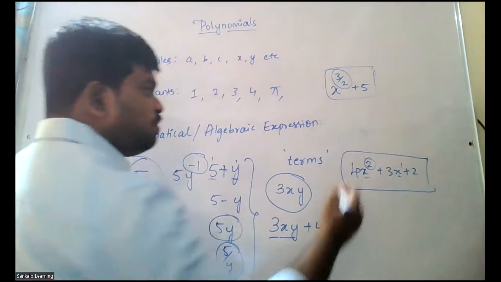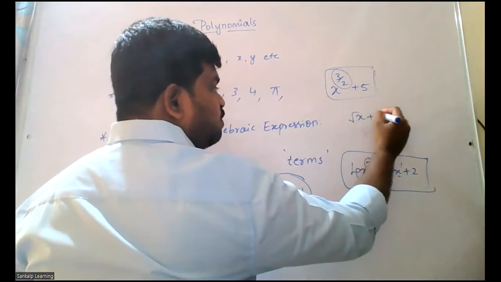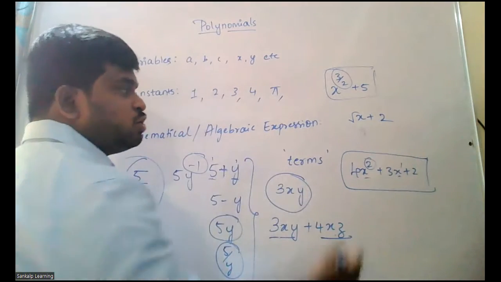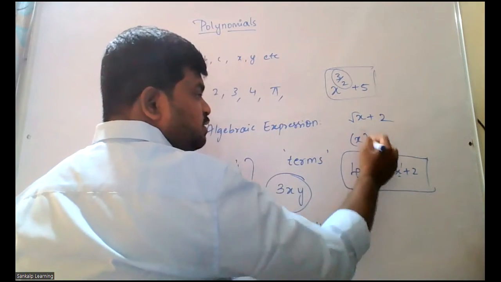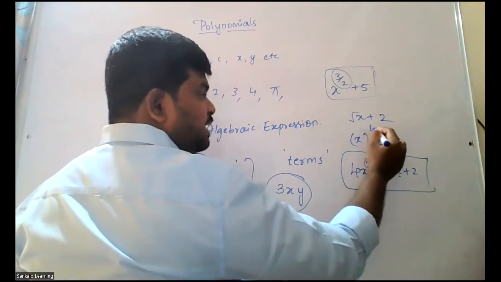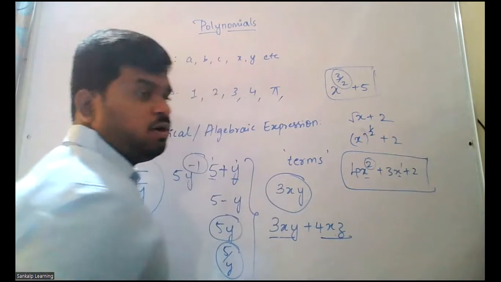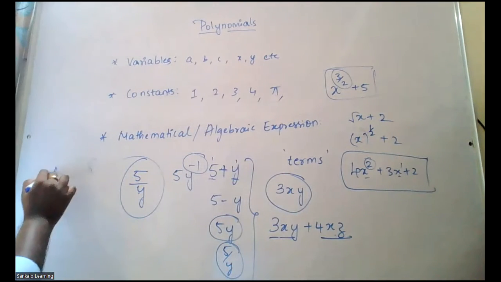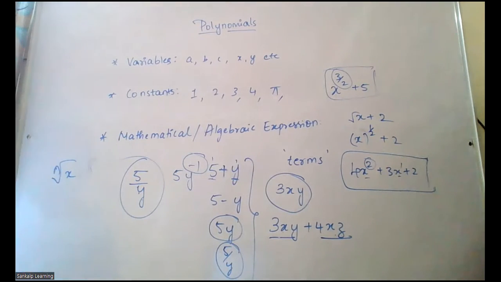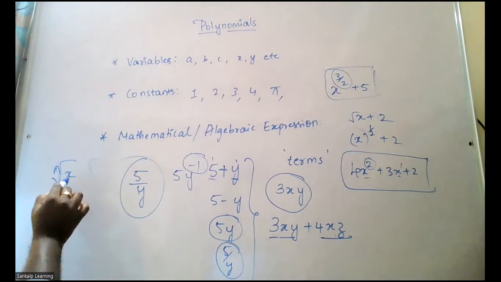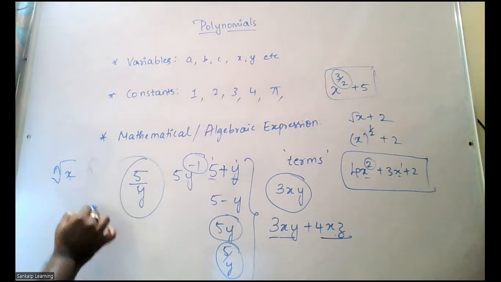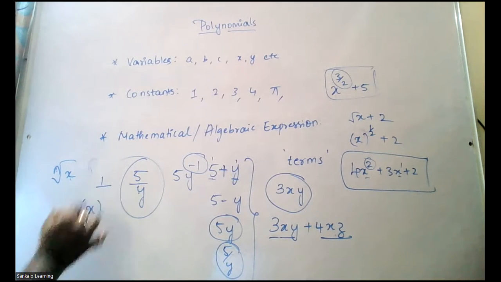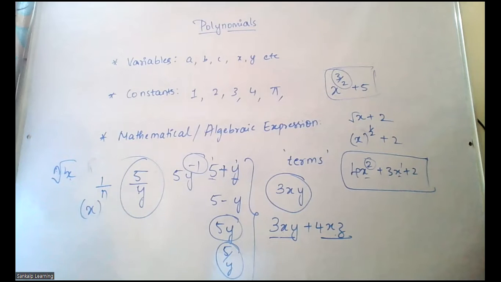Let's take another example. Root x plus 2. So root x, if you write it in index form, can be written as x to the power of 1 by 2. Let me give the general one. Nth root x. This n is known as the order, and this x is known as the radical. So write the radical to the power of 1 divided by whatever the order is.